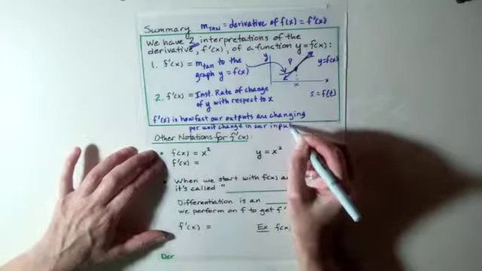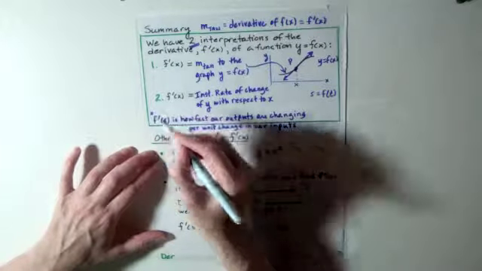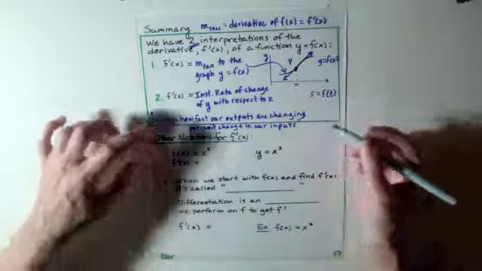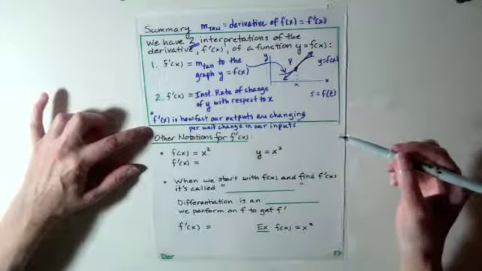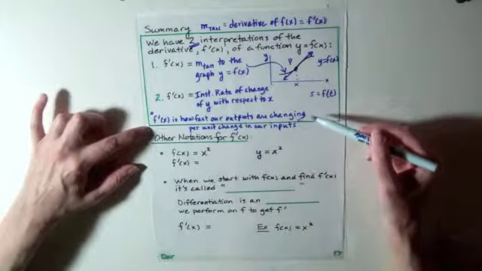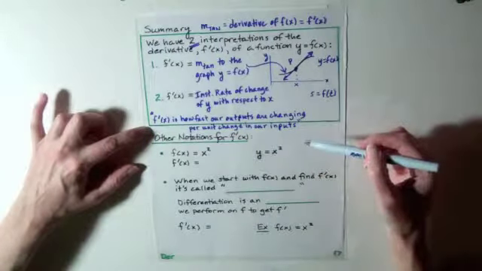And this is not quite as precise, but a lot of times students like to think about f prime that way. It's a rate of change, meaning it's saying how fast the outputs are changing per unit change in the inputs.